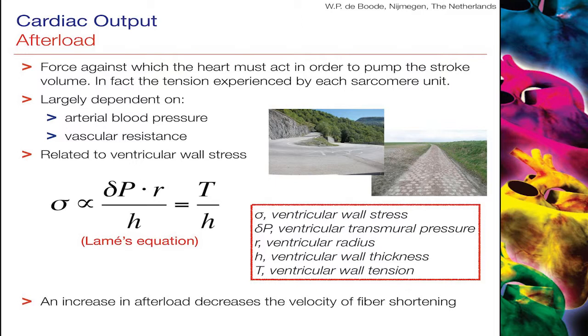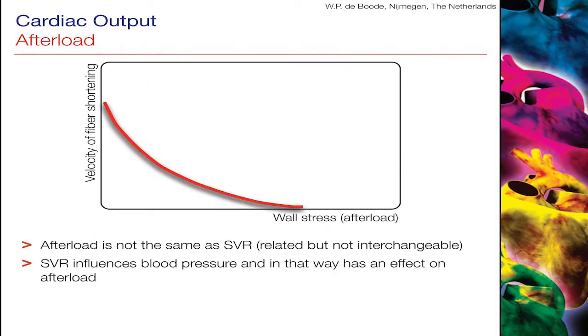If you get a dilatation of the ventricle, you get an increase in ventricular wall stress, an increase in afterload. This is the relation between, on the x-axis, the wall stress, afterload, and on the y-axis, contractility, velocity of fiber shortening. And the higher the afterload, the lower the contractility.